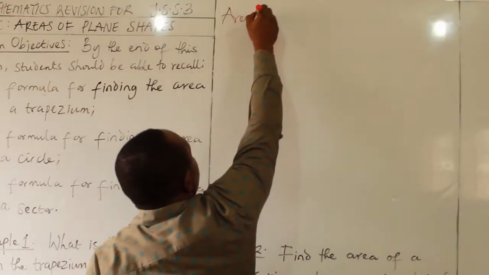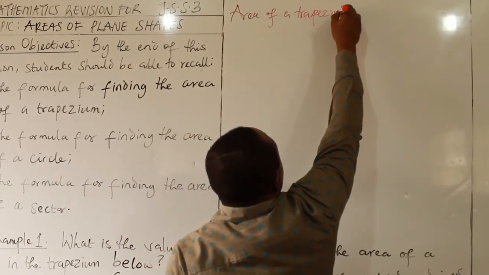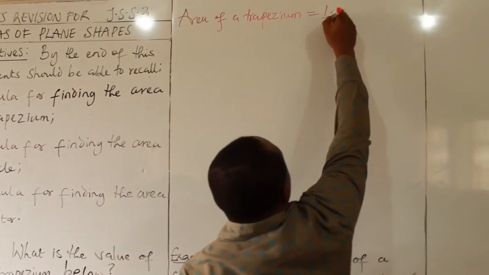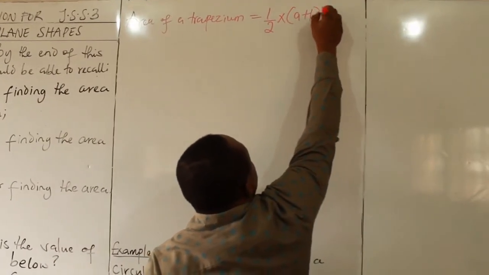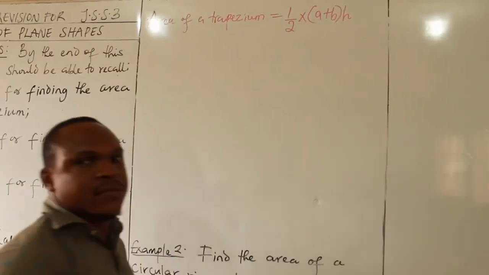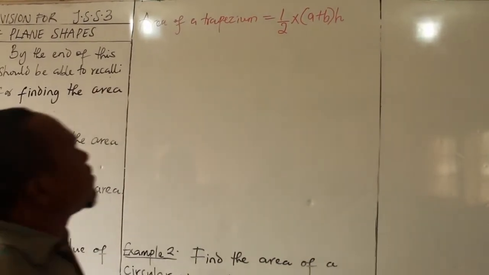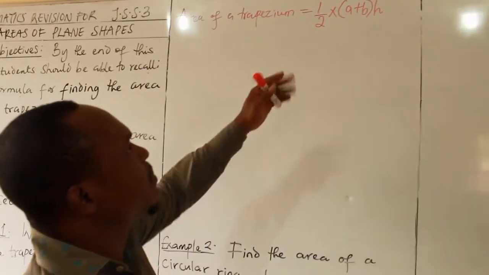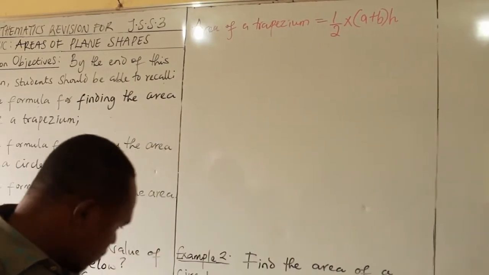Our formula for finding the area of a trapezium is half multiplied by the sum of the parallel sides times the height. What are we talking about?